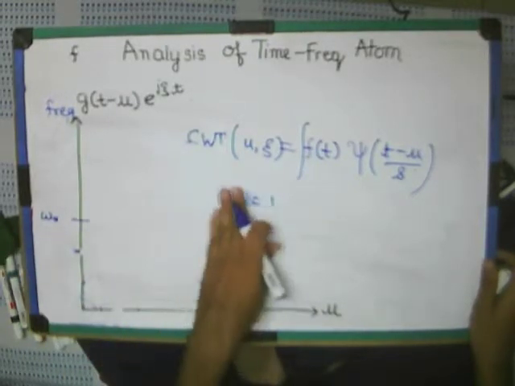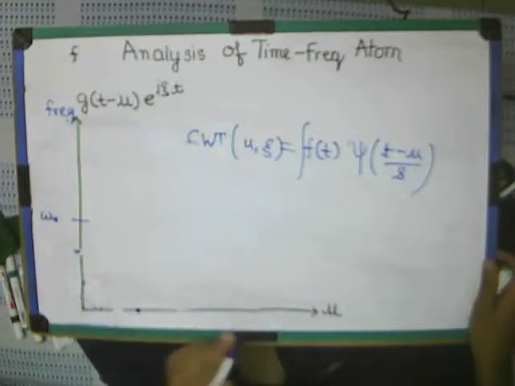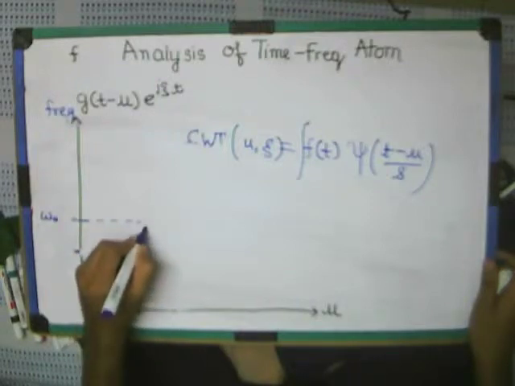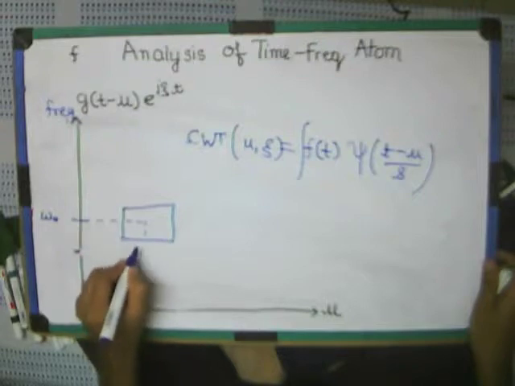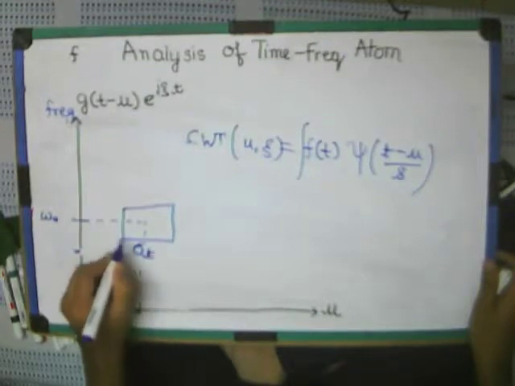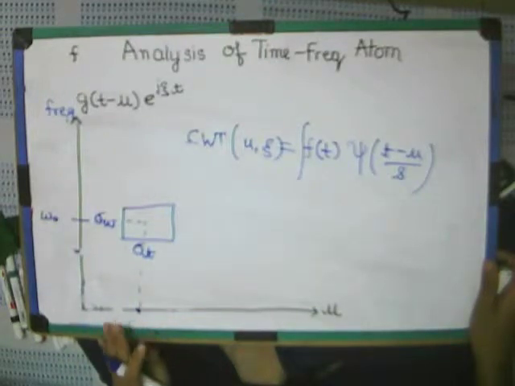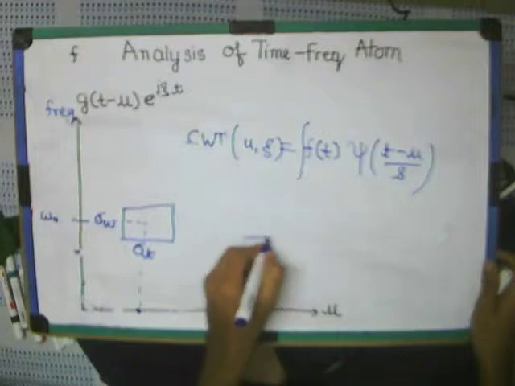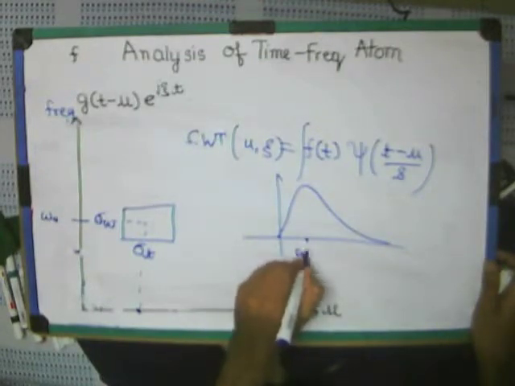And let me say the shift can be anything. So this is my sigma t and this is my sigma omega. So you are getting that it is centered in frequency around omega naught.